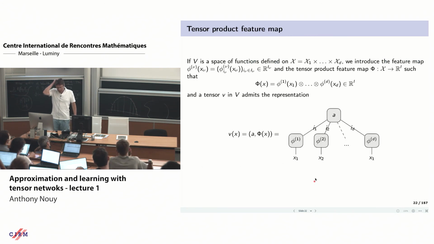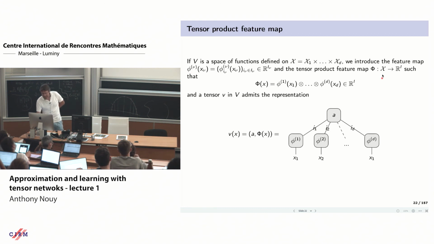Maybe for those who are familiar with the terminology used in learning, you can introduce, associated with this basis of functions of the variable x_ν, what we call a feature map, φ^ν, which takes the entry x_ν and gives you a vector, which is the evaluation of the basis functions at the entry x_ν. Okay? So this map is called the feature map associated with the space V_ν.